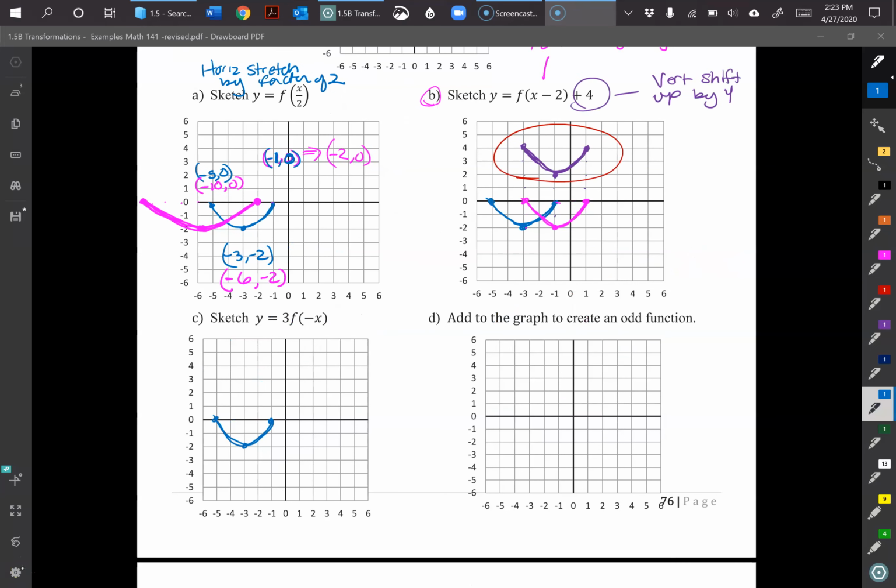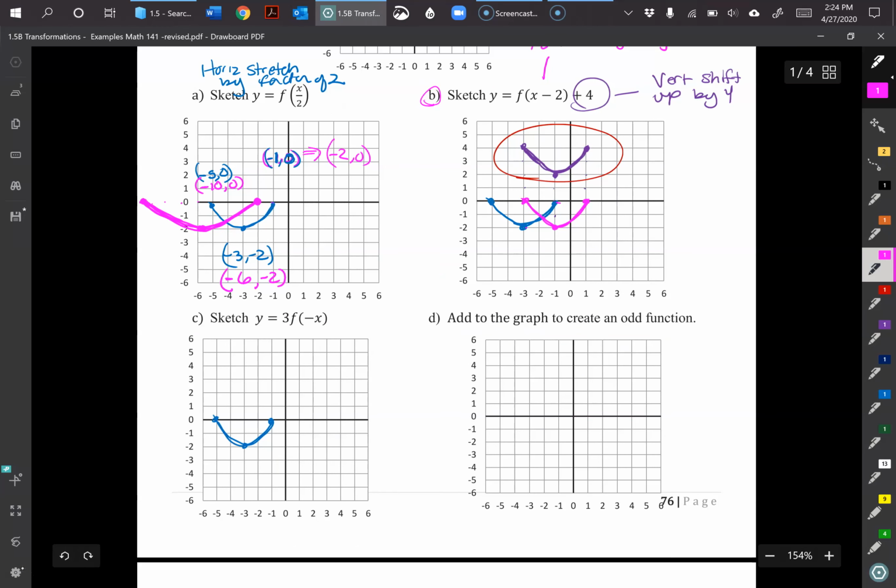Okay, so we're taking this same little shape, and if we look here, we'll do pink for our first stage. We have a horizontal flip. So our x's are going to become negative, well, the opposite of what they are.